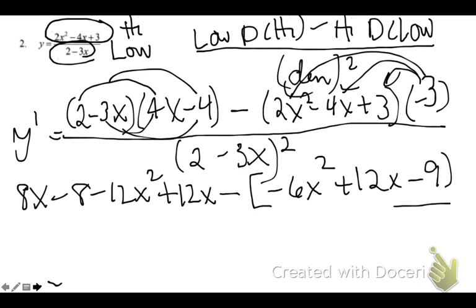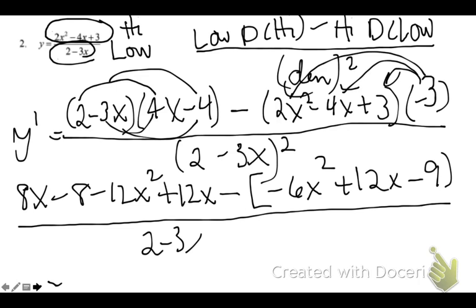And this is all over 2 minus 3x squared.